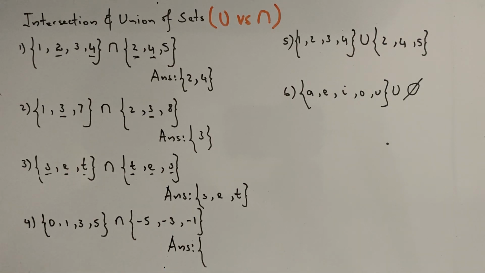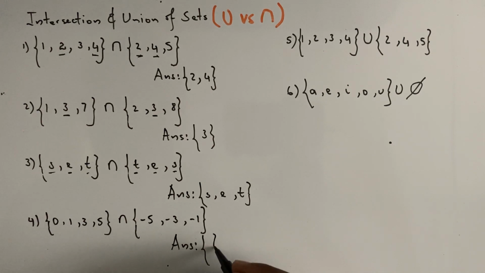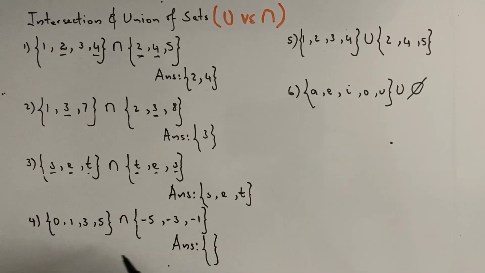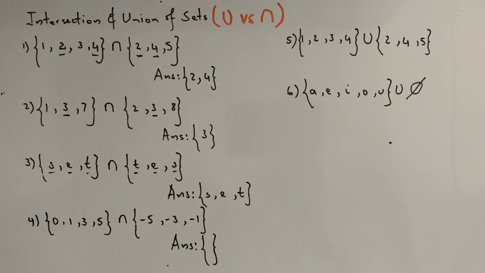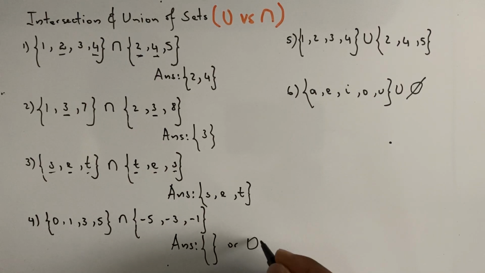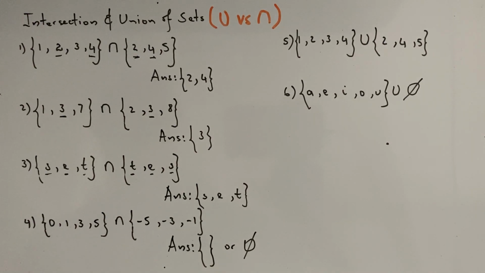What do they have in common? Well, that's what we call the empty set because they have nothing in common here. You can either write it this way or write it this way right here, which is again the empty set. So this is how you do intersection of sets.